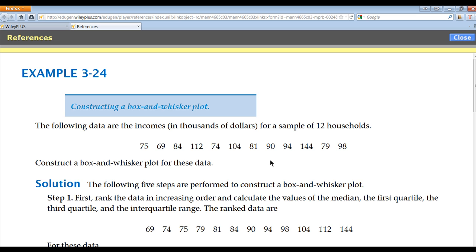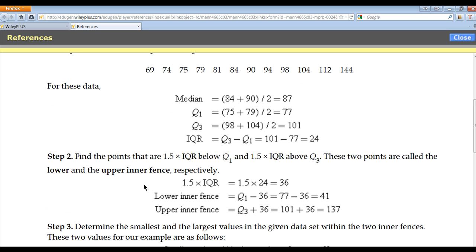The box-and-whisker plot. Step 3: determine the smallest and largest values in the given data set within the two inner fences. So the smallest one and the largest one between 41 and 137.